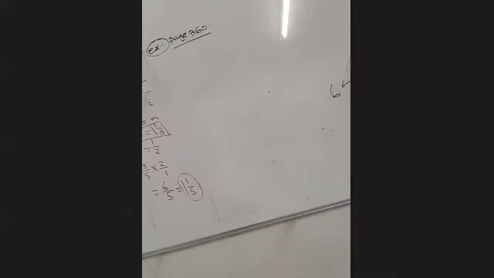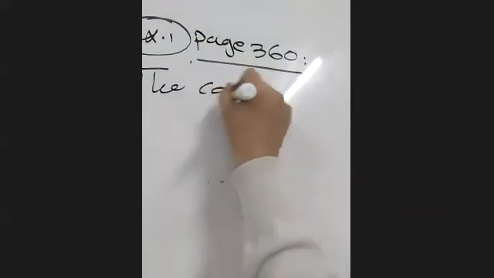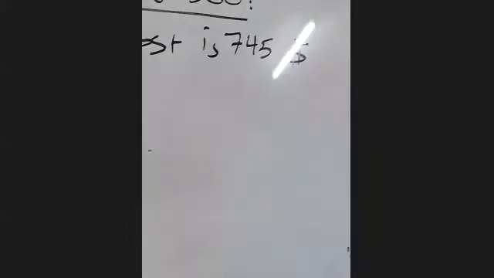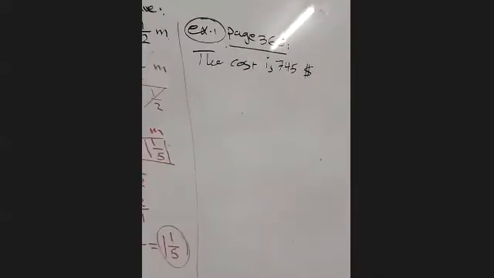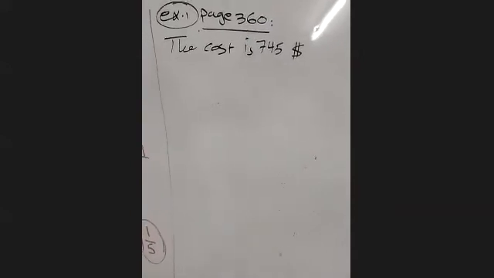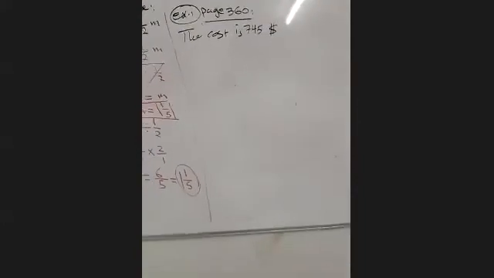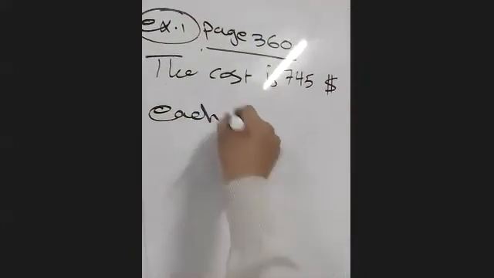Okay. The package cost 745. The total cost is 745 what? Dollars. Continue. And each person contributes 186. What's the meaning of contribute? Will pay, will share. How much? 186.25. Good.